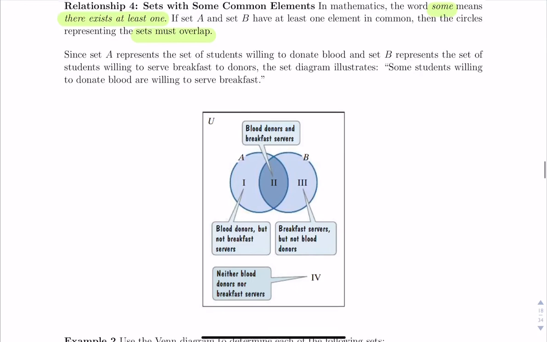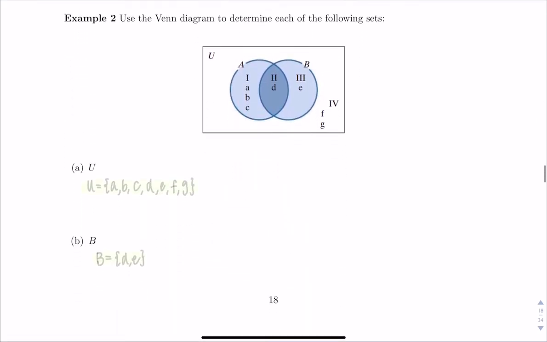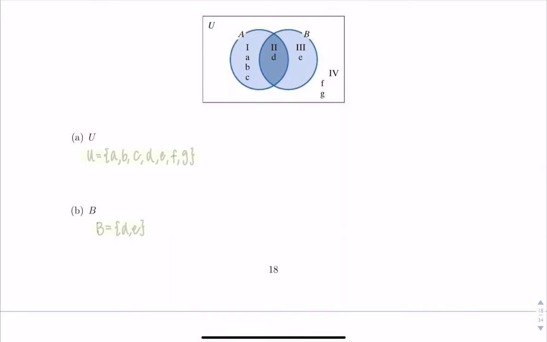So we're going to use the Venn diagram for each of the following sets. So set U, which is everything that's included in all of the regions, 1, 2, 3, and 4. So U is equal to A, B, C, D, E, F, and G. That's every element that's inside my box.